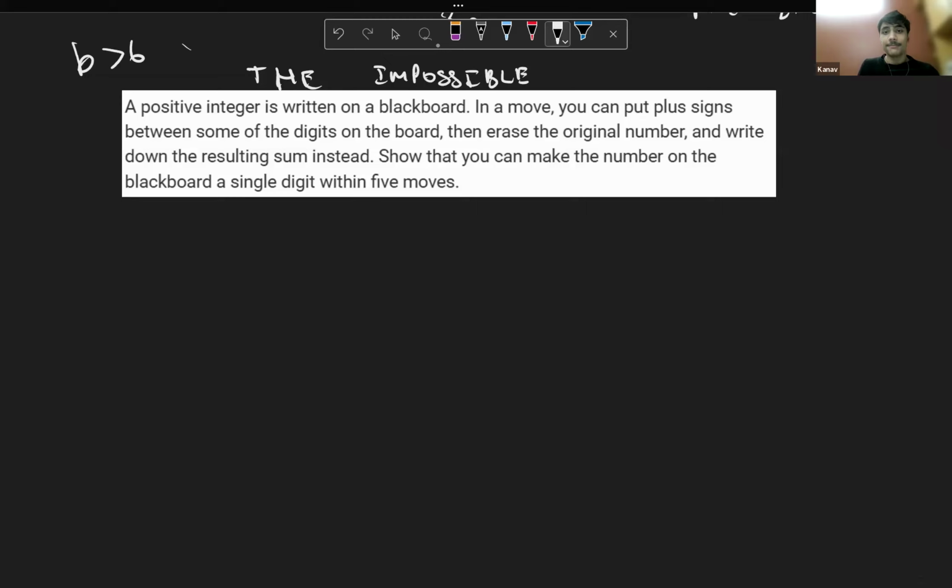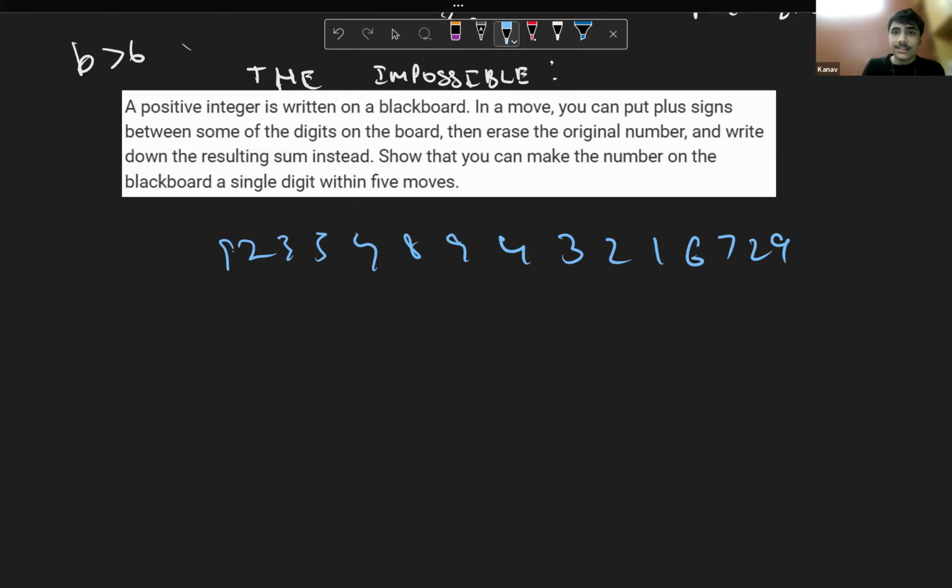Because of the statement, read the statement. You have some number, like 1, 2, 3, 5, 7, 8, 9, 4, 3, 2, 1, 6, 7, 2, 9, and I can insert plus signs like this. The easiest part is that it should work for all sufficiently large numbers. So even if you take Graham's number, it should work out.